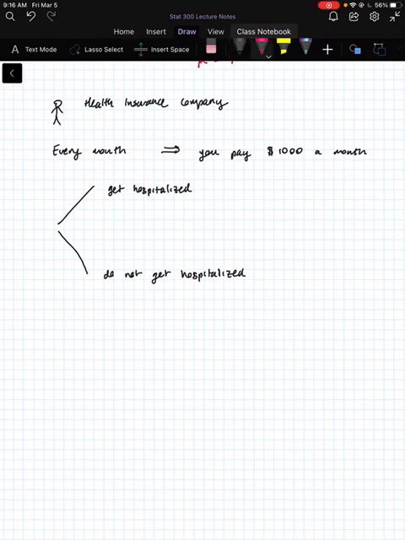If you do get hospitalized, which has a probability, and for the sake of simplicity, we're using very simple numbers, of a 1 out of 23,000 chance of occurring, or in other words, 22,999 times out of 23,000, you don't get hospitalized that year.